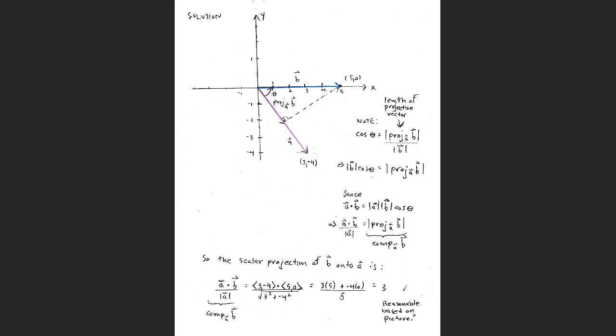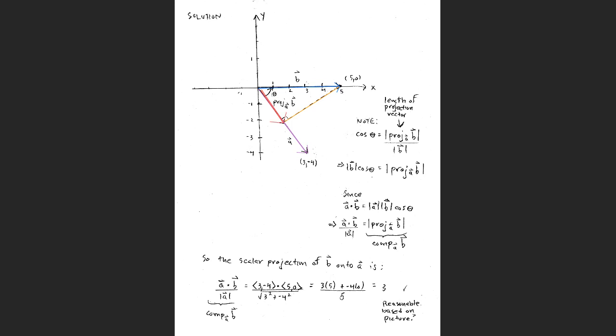So if we were to take the vector B and graph a perpendicular down onto vector A, if we were to basically take the vector B and project it onto the vector A in this perpendicular fashion, then the projection vector would be this red vector here that I'm drawing.